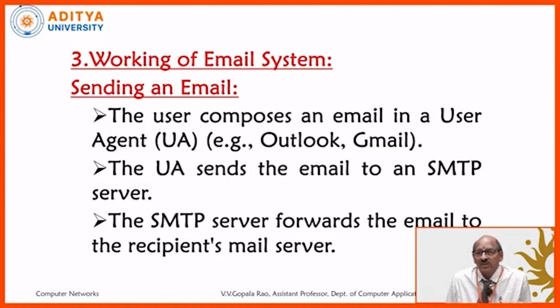So the recipient address should be there. We'll see the actual structure of message creation in the following slides. But SMTP is going to forward the mail to the recipient based on the address mentioned in the message creation. So this is about the sending part.